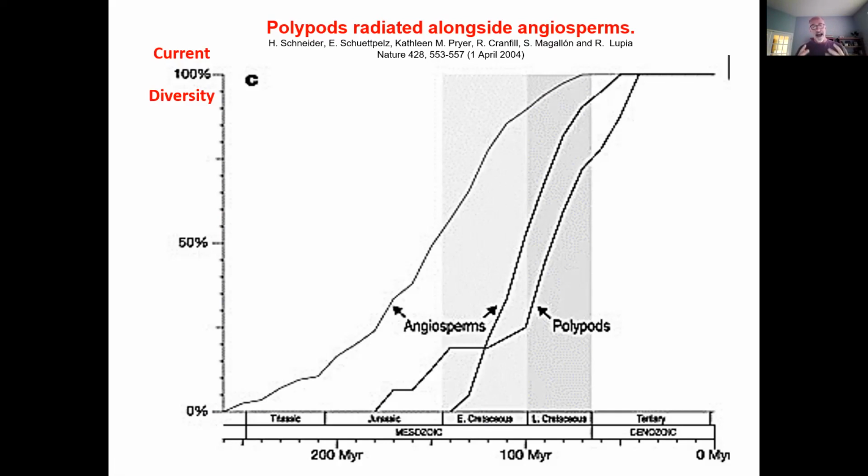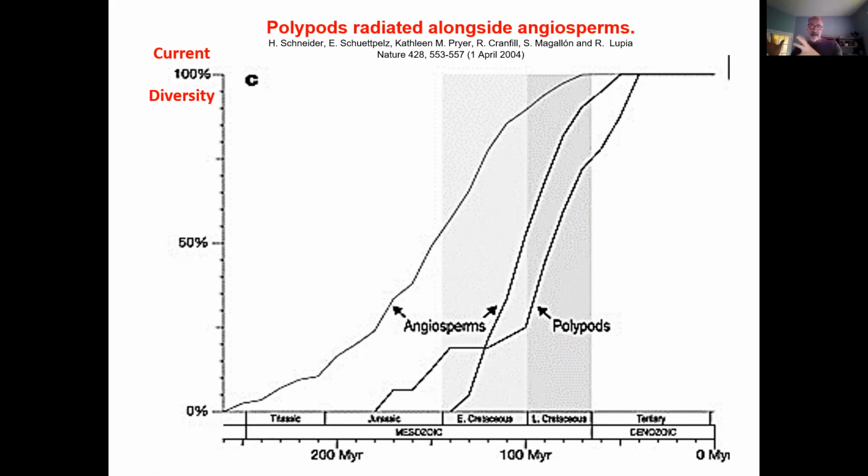And it turns out that as the angiosperms were doing that, the polypod ferns were pretty much doing the same darn thing. Long story short is that the polypods evolved unique photosynthetic mechanisms to take advantage of the red wavelengths that are left behind after light has penetrated an angiosperm canopy.